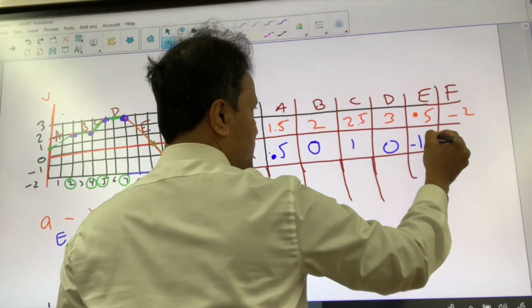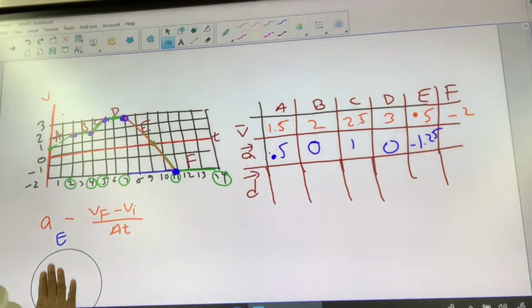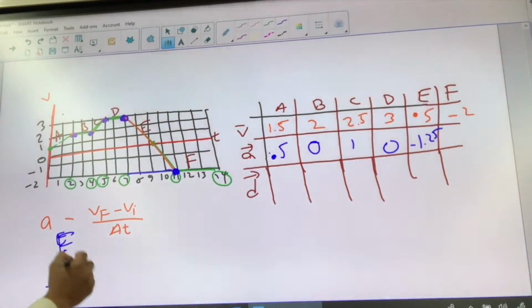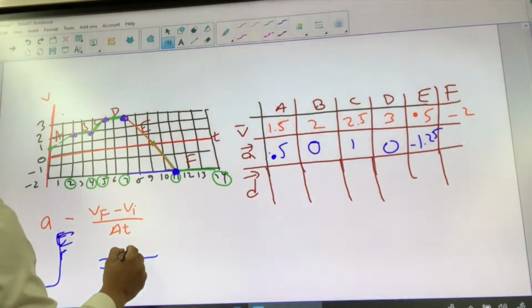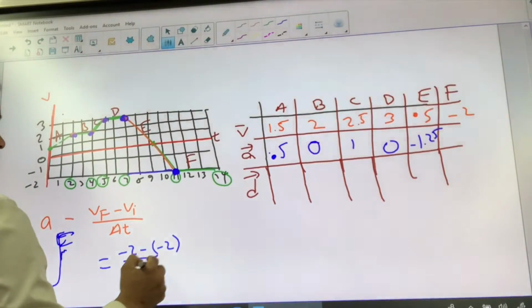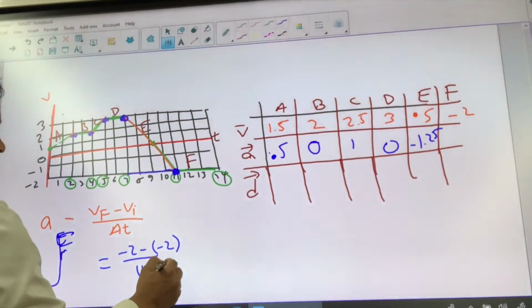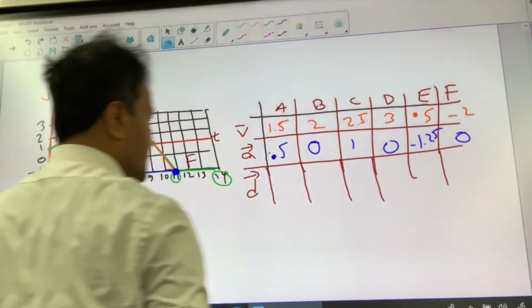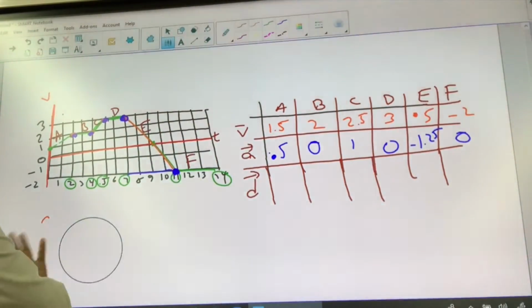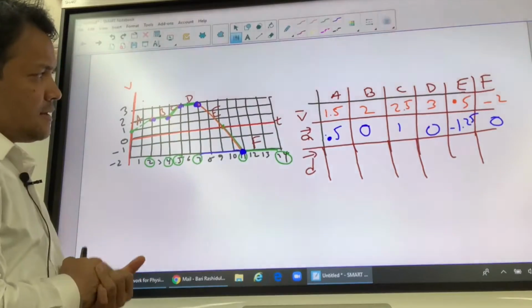Acceleration at section F is easy: negative 2 minus negative 2 divided by 14 minus 11, and that is 0.